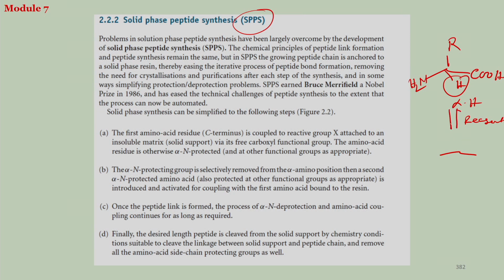reversible reaction. It forms sometimes slight amount of carbanion can be generated depending upon your reagent and depending upon the acidity of the alpha hydrogen. The moment it generates, of course, it is not very stable.